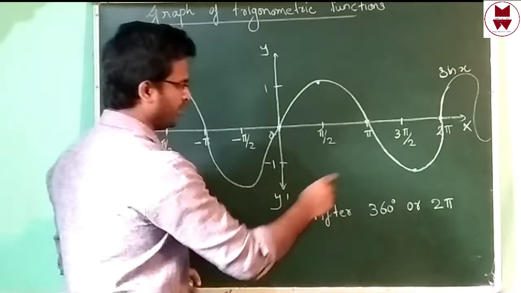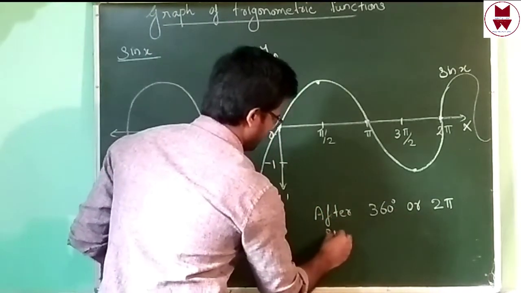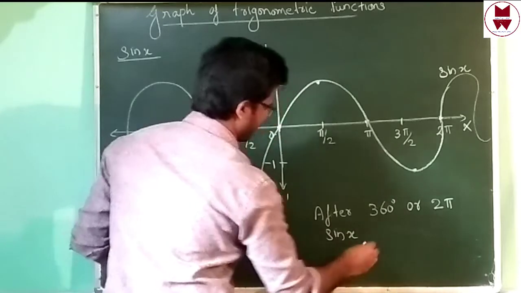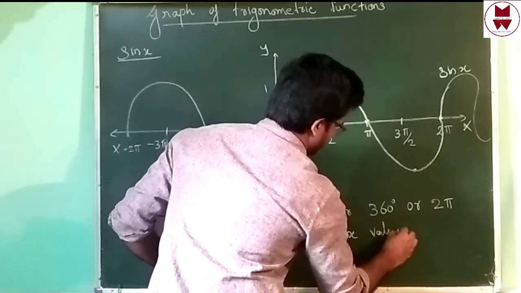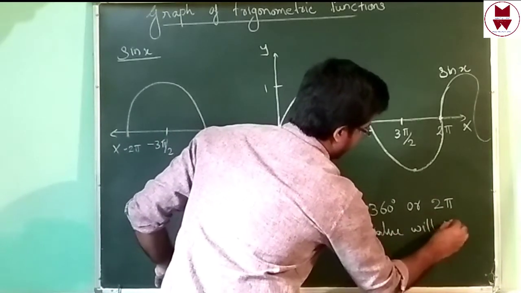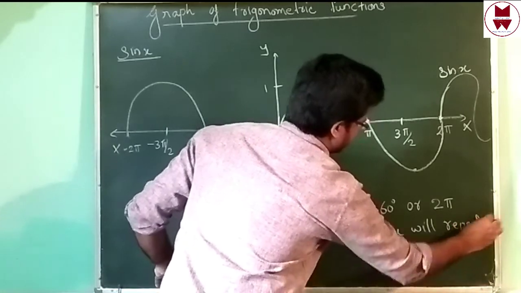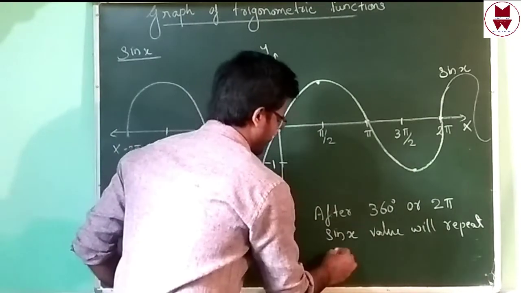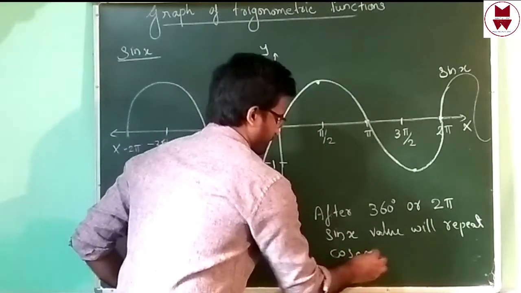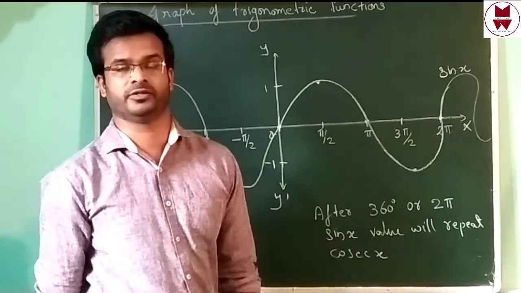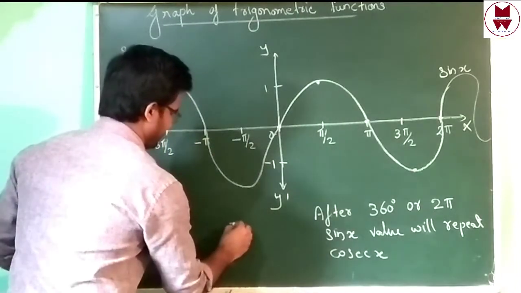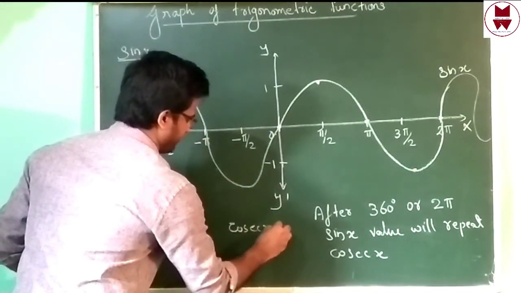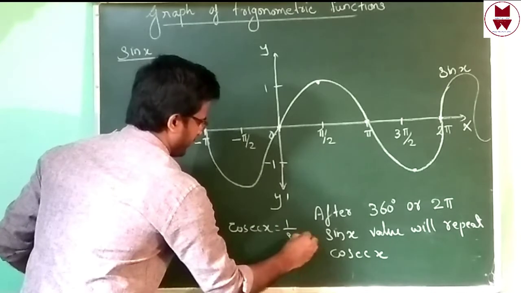After 360 or 2 pi, the sine value will repeat. Sine value repeats, and cosec also is the same. Cosec x value also will repeat because cosec x means 1 by sin x.